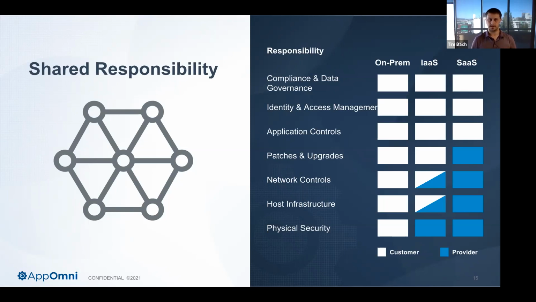Infrastructure as a service, we pushed a little bit onto the cloud provider, right? They do all the physical security, the data center security, and they contribute to network control and host infrastructure. Depending on the provider and the setup, they may also contribute to patches and upgrades on the server, but they may not. The rest, what's in white, is on us.